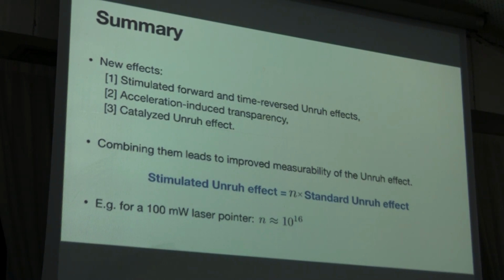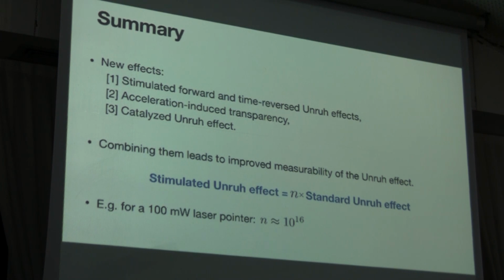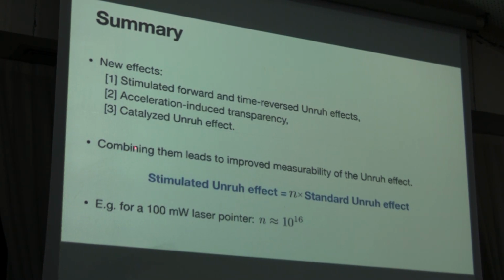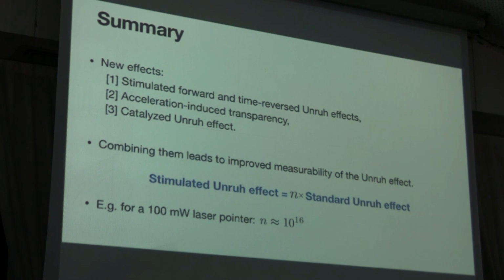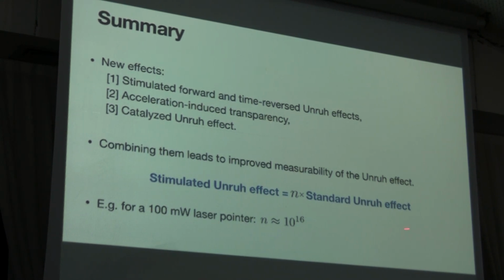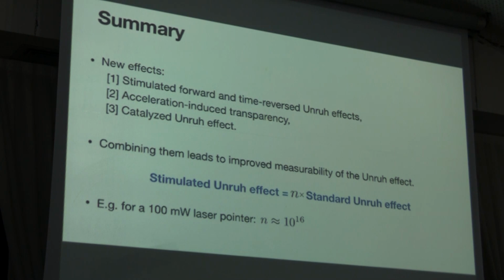And to summarize my talk, I showed you new effects in acceleration-induced phenomena in light-matter interactions: the stimulated Unruh effect, acceleration-induced transparency, and the catalyzed Unruh effect. I showed how combining them leads us to an improved measurability of the Unruh effect, shown in this schematic formula: stimulated Unruh is n times standard Unruh.